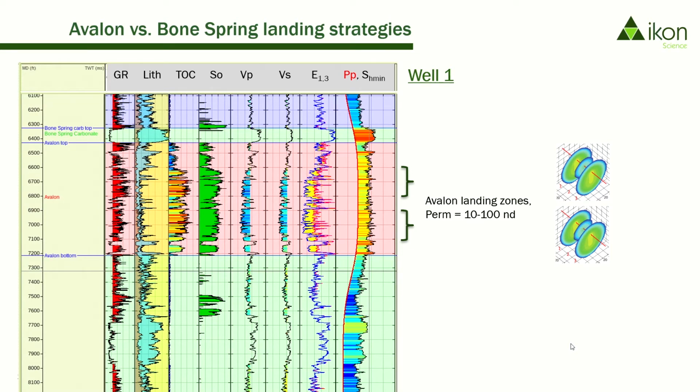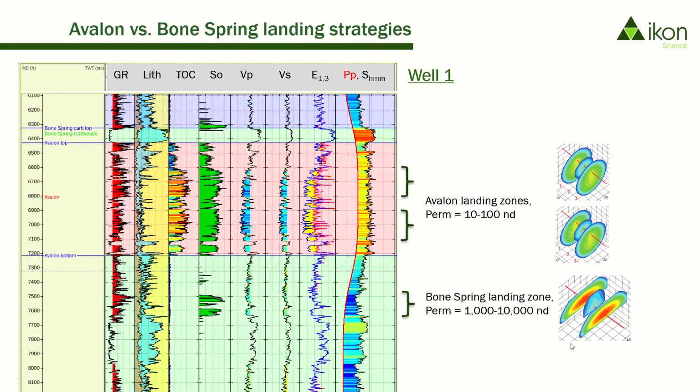A different situation will be encountered below in sandstones and carbonates of the Bone Spring, where you can find zones of low stress and where you can envision the arrested hydraulic fractures, planar but arrested vertically, with significant length of propagation in length and much more significant width of the fractures.